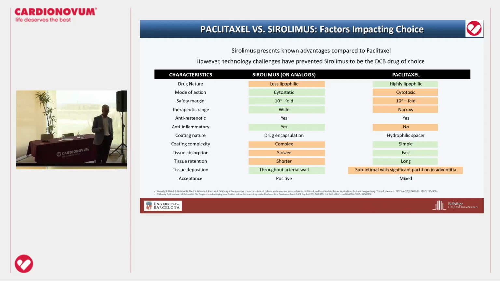The antirestenotic effect is the same for both drugs: they avoid proliferation of cells inside the vessel wall and the media. The anti-inflammatory effect is marked for sirolimus, but there is none for paclitaxel.